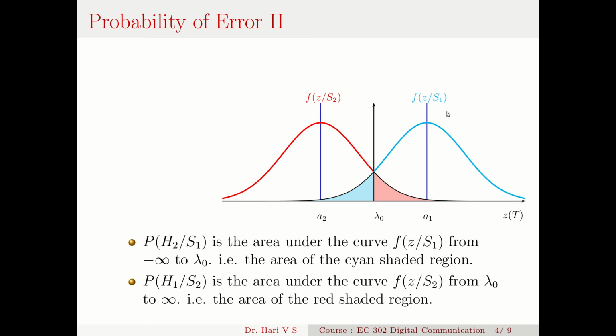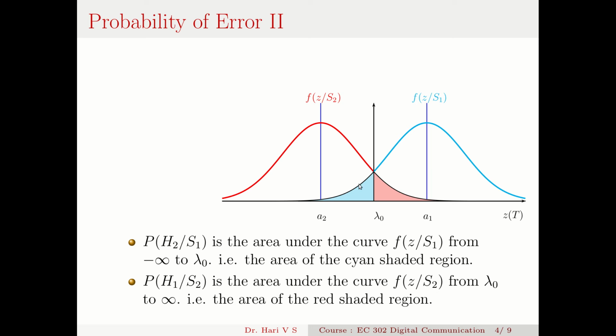Now, what is the probability of error? That is P(H2 given S1), the area under the curve f(z given S1) from minus infinity to lambda 0. Originally S1 was transmitted, but H2 was decided. So P(H2 given S1) is the probability of error, that is the area under the blue region, from minus infinity to lambda 0.